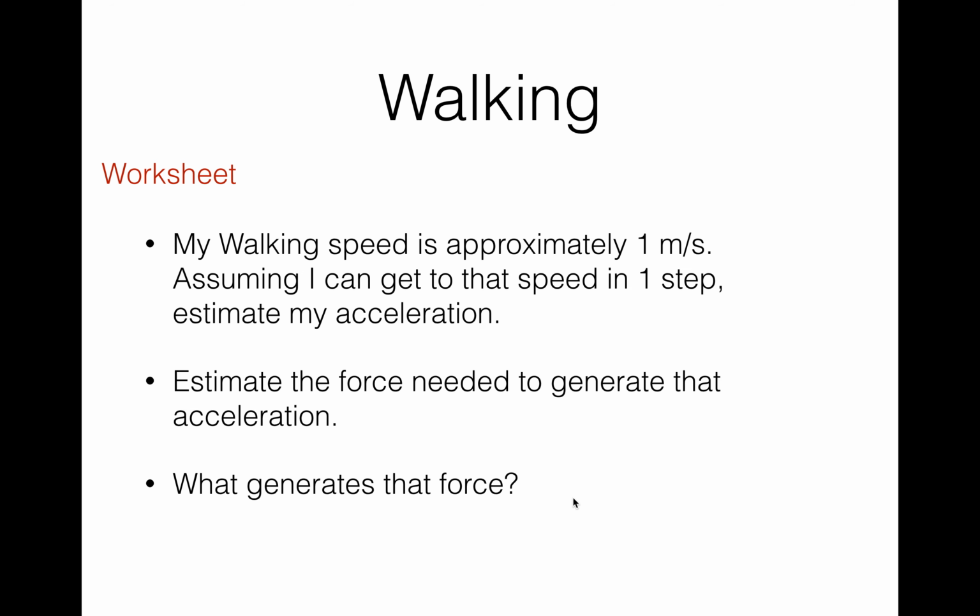That seems about right. So a meter is a little more than a yard, and that might be a little bit long, but let's assume that happens in 1 second, the time it takes me to do one step. Okay, so I go from 0 meters per second to 1 meter per second in about a second.